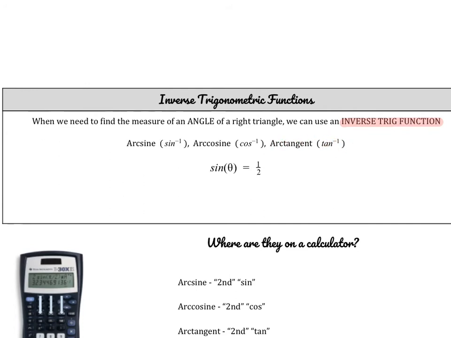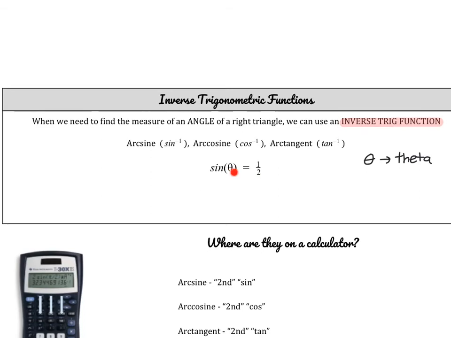So here's how we can use our inverse trig functions. So let's say we're able to set up our ratio. Sine of, this is the Greek letter theta. Maybe make a note of this if you need to. It's a really common variable that we use to represent angles. So the sine of theta equals 1/2.